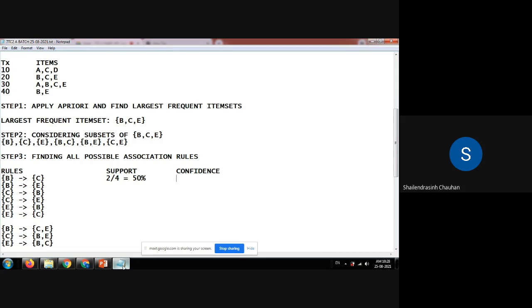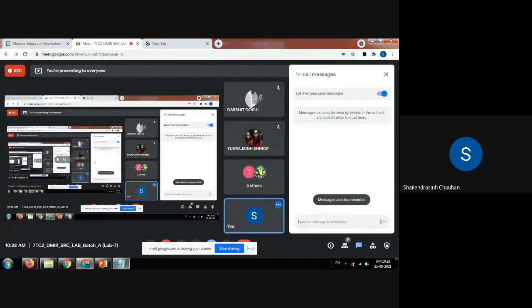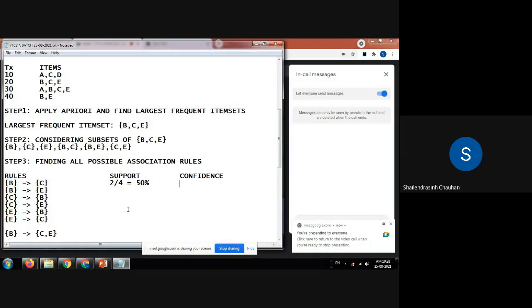Now confidence. Okay, now expecting answers from you. Confidence. In support, we are considering all transactions. In confidence, we are not going to consider all transactions. We are going to consider only those transactions in which the item on the left hand side is there.